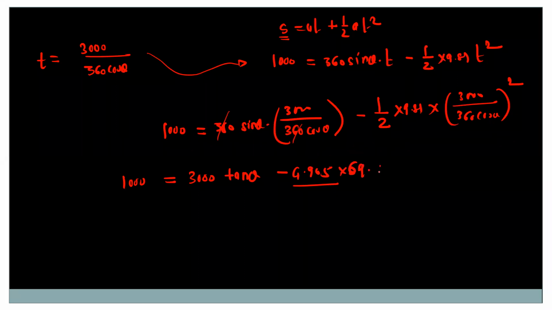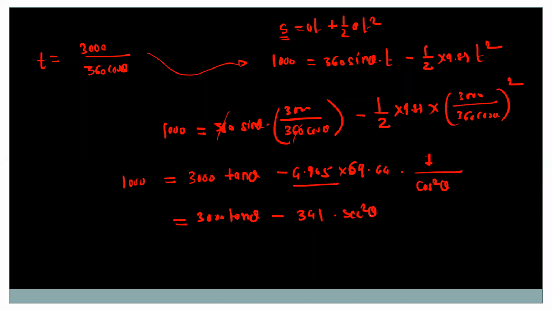So that is 69.44 and 1 upon cos square theta. So this total value is 341 and 1 upon cos square theta, so it will become sec square theta.